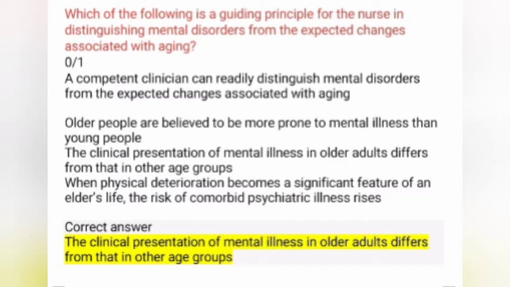Option C, the clinical presentation of mental illness in older adults differs from that in other age groups. Option D, when physical deterioration becomes a significant feature of an elder's life, the risk of comorbid psychiatric illnesses arises. The correct answer is option C.